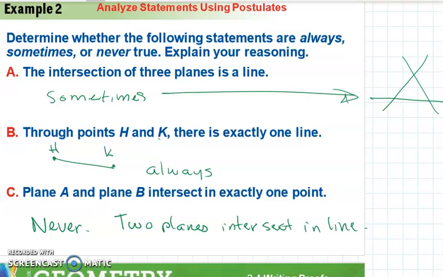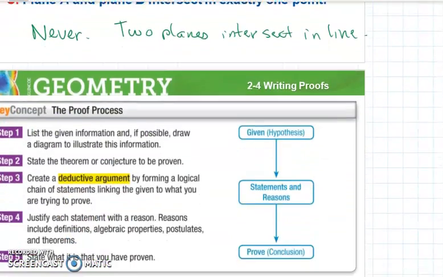We talked about in the other class how if you have three planes that intersect that way, then sure, the intersection is one line, but they didn't really tell you which type of intersection it was, so it could be something like this. And if that's the case, and these are the ends of those three planes, you're going to have three lines that also could be the intersection of those planes. Okay, so we talked about always, sometimes, and never.